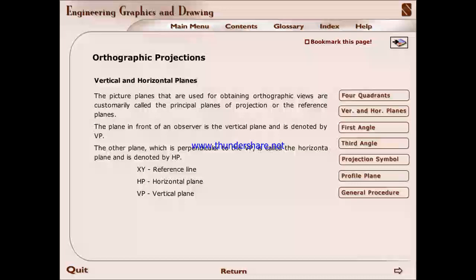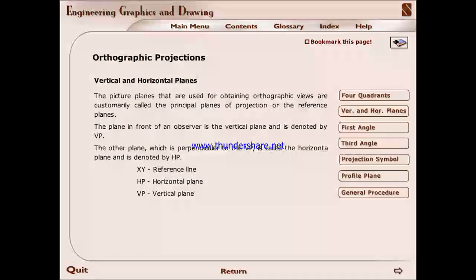The other plane, perpendicular to VP, is called the horizontal plane, denoted by HP. That is, XY is the reference line, HP the horizontal plane, VP the vertical plane.